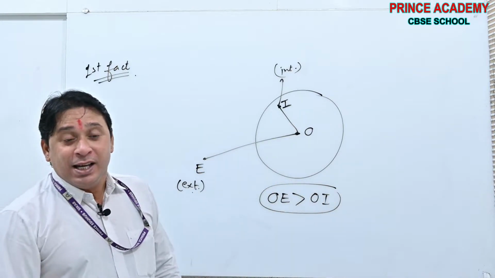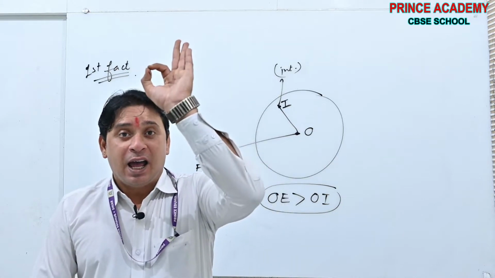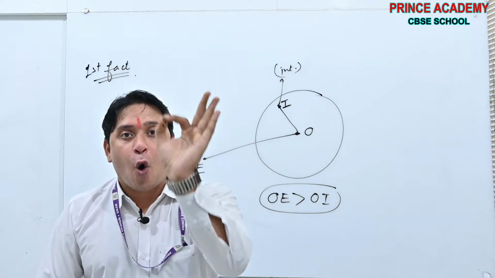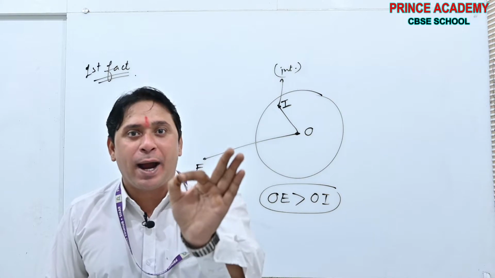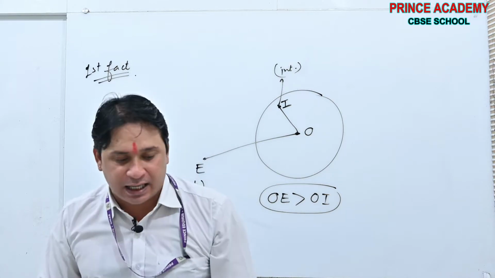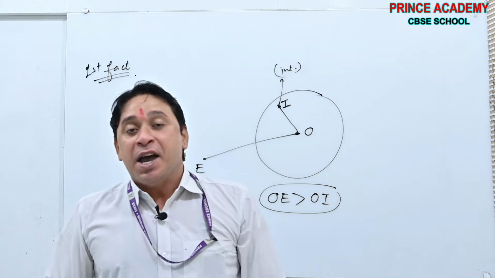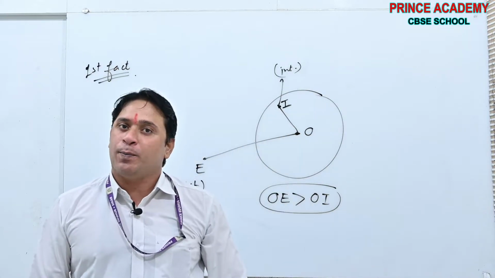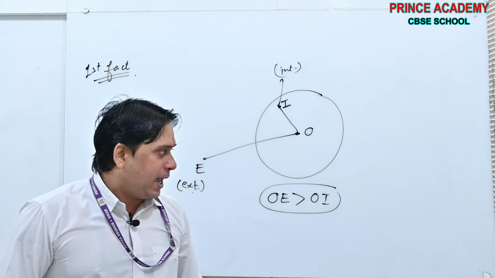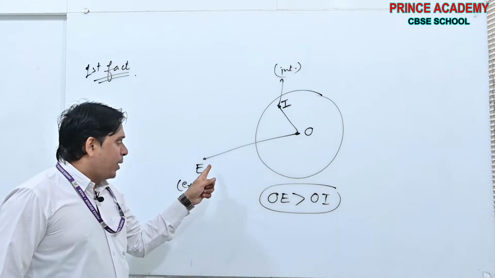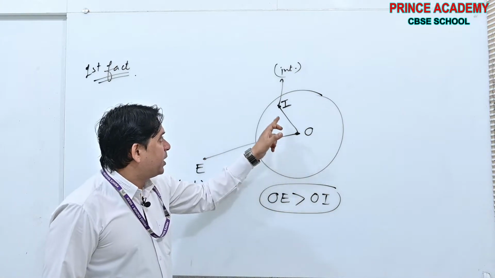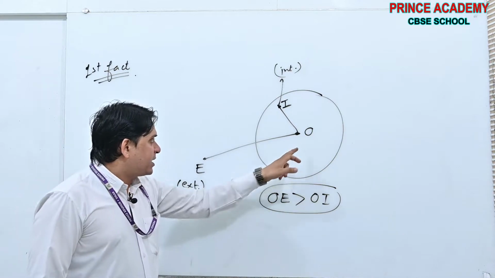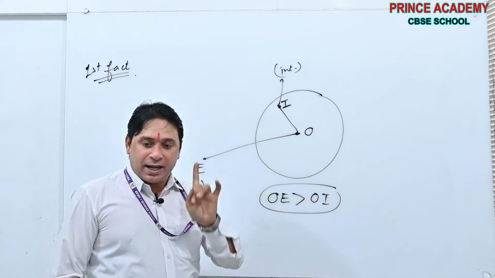See beta, the distance of an external point from the center is always greater than the distance of an internal point from the center. Done?